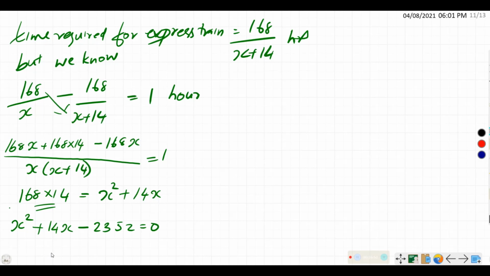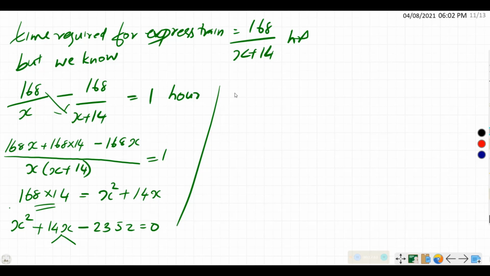This is the equation. Now we can find out the split of 14x. In order to split 14, we need to know the factors of 2352. That also I will work out and will directly put here, 2352 to be factorized.